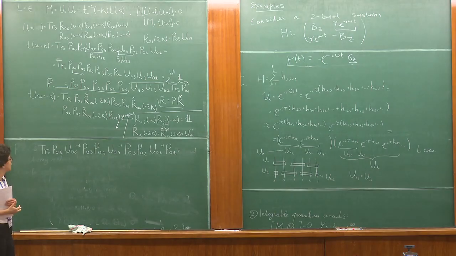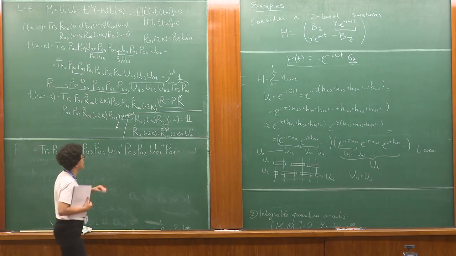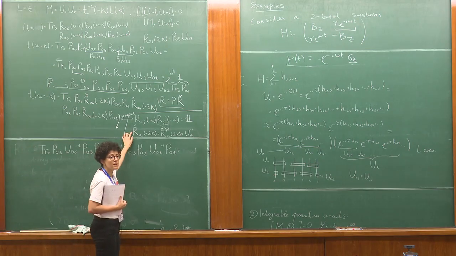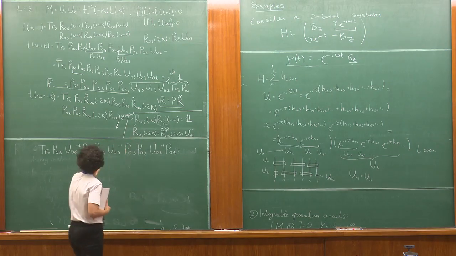The property that you wrote, like R_0j minus 2k, will there be a permutation of it coming with the U inverse? Will there be a permutation operator there, or is it like that? No, I think it's like this, right?